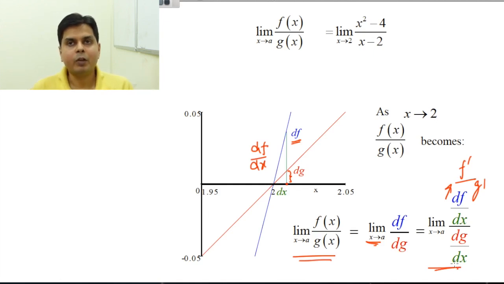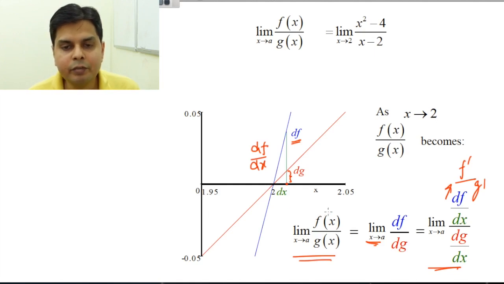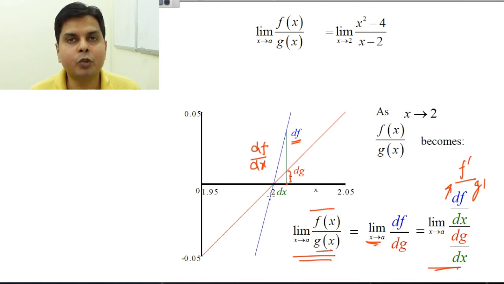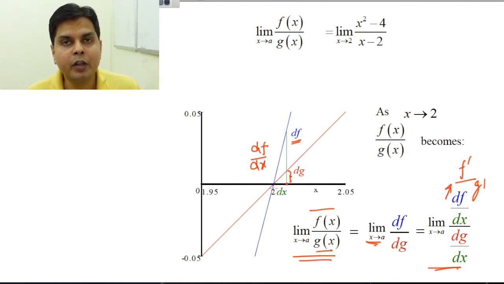So in this L'Hopital theorem, what are we actually doing? If we are not able to work with the exact value of f and g at, say, point 2, let's work with an approximate value of f and g at point 2. Now what will be that approximate value?